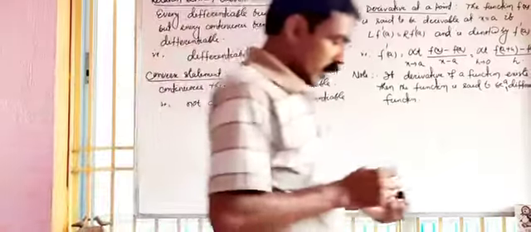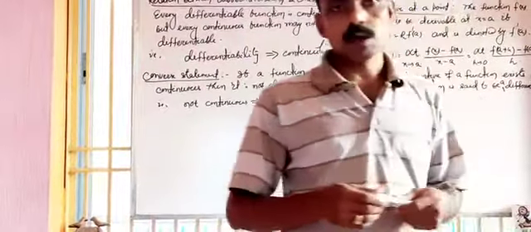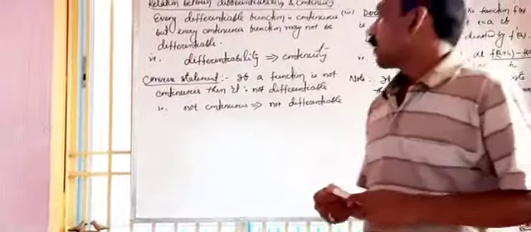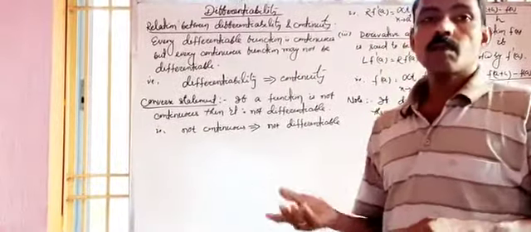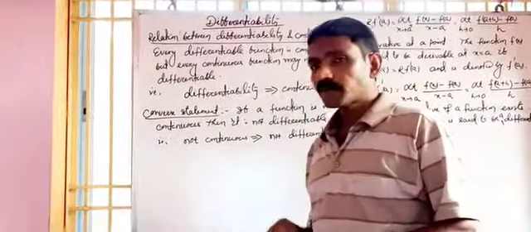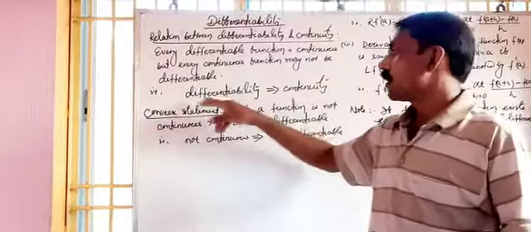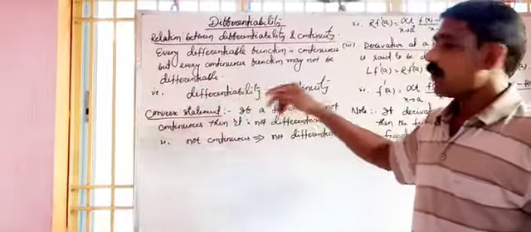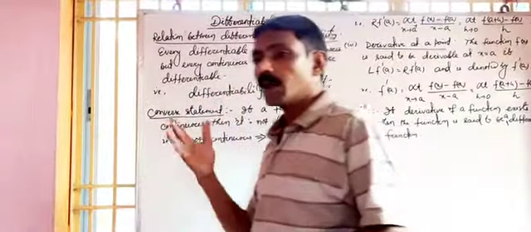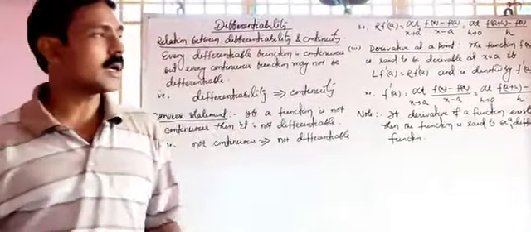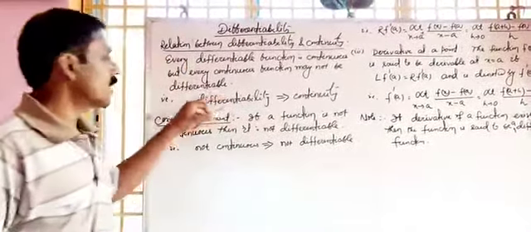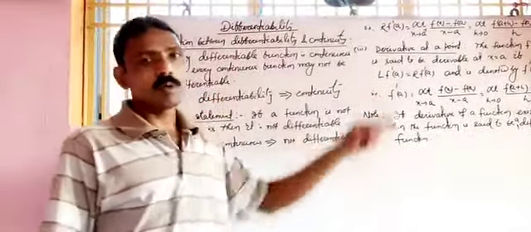So in order to check continuity and differentiability, always remember: when we are starting from differentiability, and suppose you have proved that the function is differentiable, then there is no need to again check for continuity. Directly you will write, since the function is differentiable, it will be continuous.